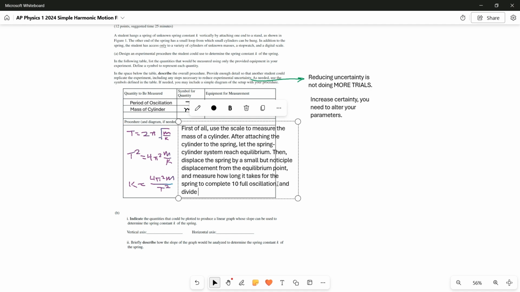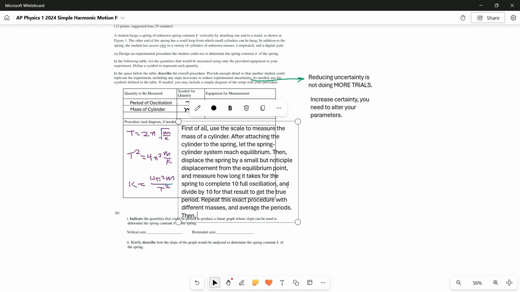And divide by 10 for that result to get the true period. Repeat this exact procedure with different masses and average the periods.